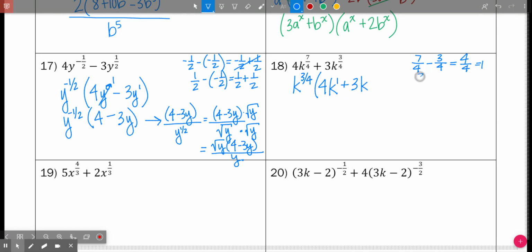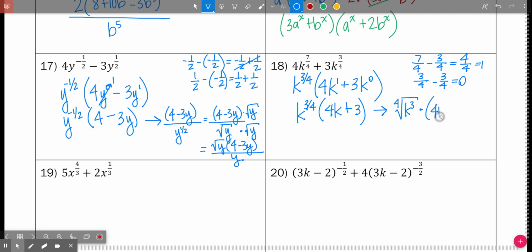I have 3/4 minus 3/4, which is 0. So this is k to the 3/4 power times 4k plus 3. And you can write it as the 4th root of k cubed times 4k plus 3. It won't change it, but it doesn't really do anything extra to the problem.